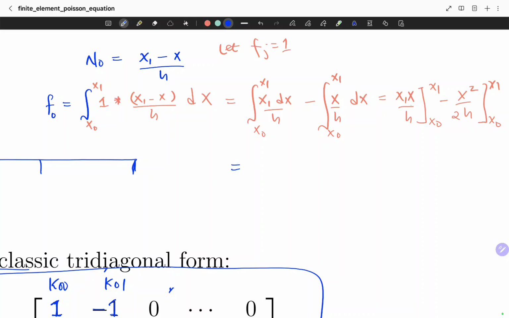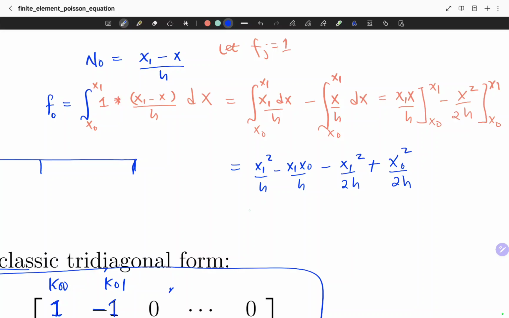This gives you x1 squared over h minus x1 x naught over h minus x1 squared over 2h plus x naught squared over 2h.